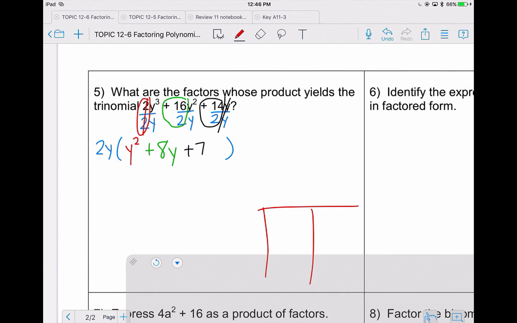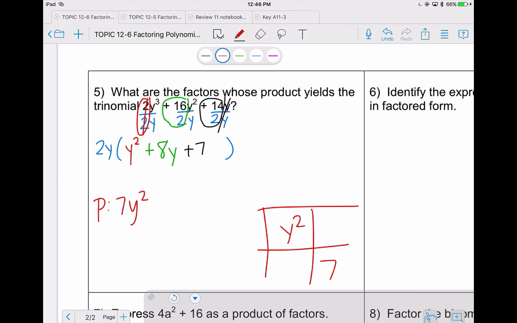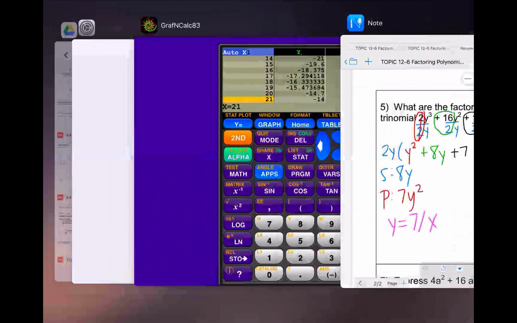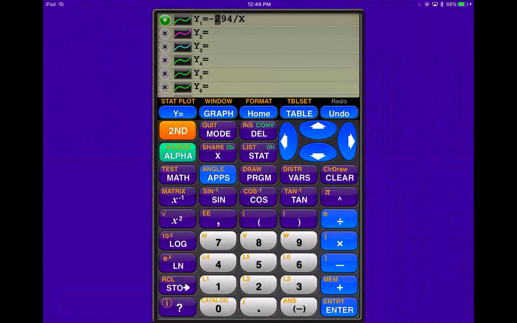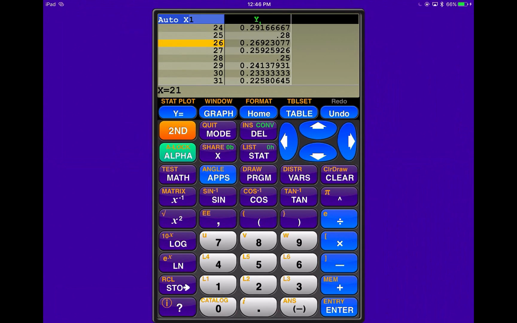So now I use the box for what's in parentheses. I have a y squared and a 7. Multiply those to get my product. And then my sum is 8y, so I'm looking for 2 y's that will add to 8. In y equals, I put my product divided by x, so 7 divided by x. Looking at whole numbers, 1 plus 7 would give me 8.